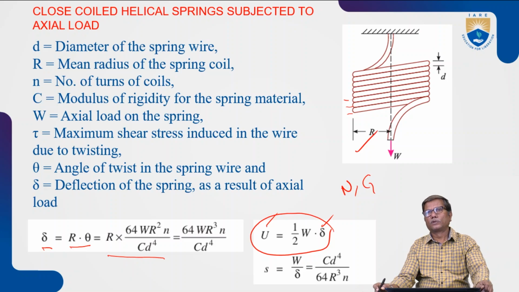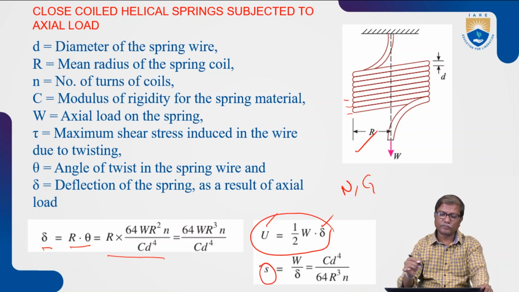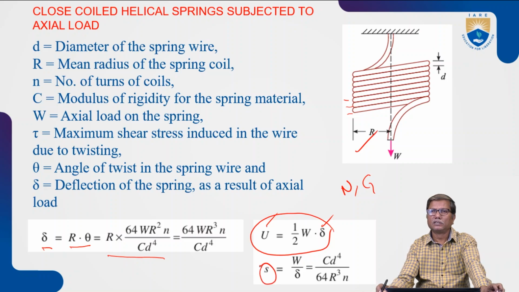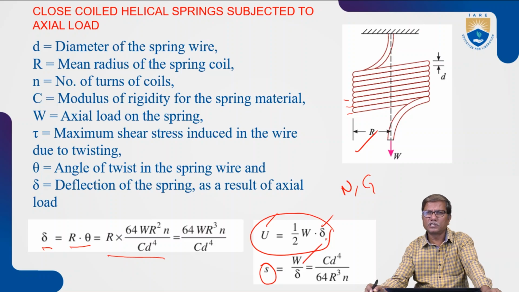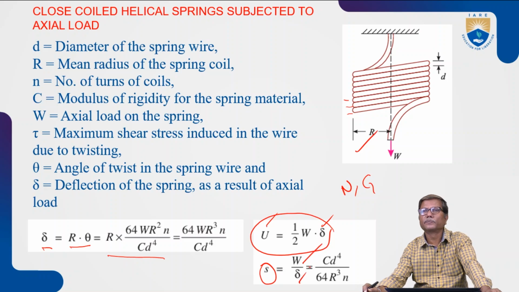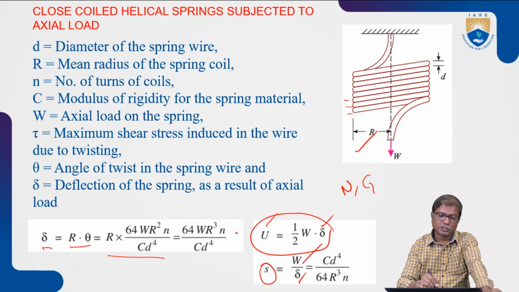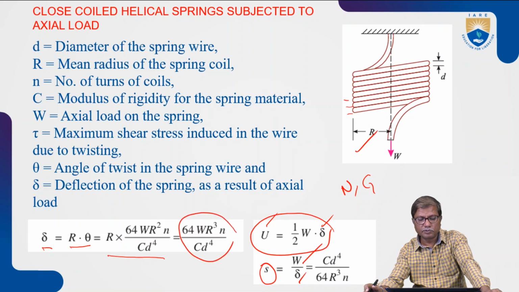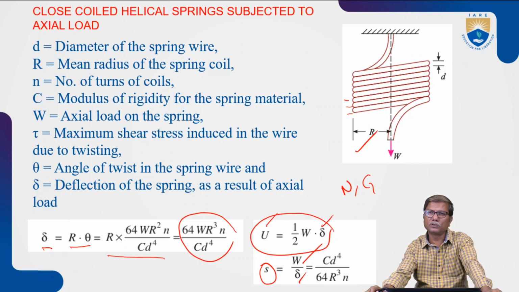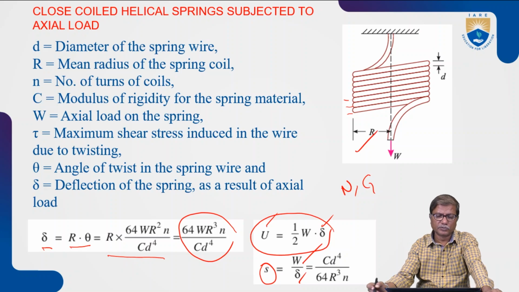And the stiffness of the spring is defined as the load per unit deflection. So load is W and deflection is delta, so the stiffness will be W by delta.